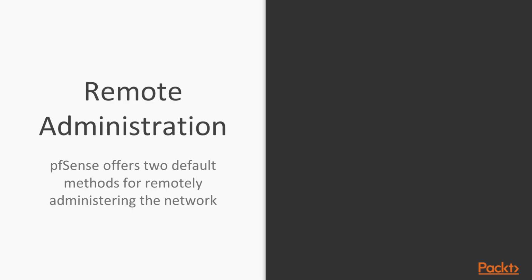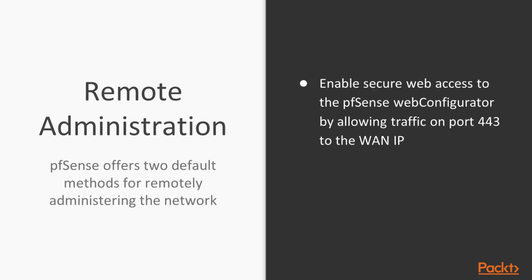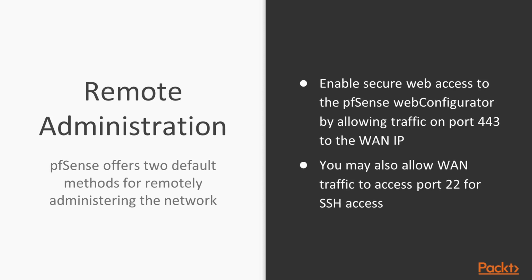If you are interested in remotely administering your pfSense installations, there are two primary methods for doing so. The first would be to enable secure access to the pfSense web configurator by allowing traffic on port 443 from the wide area network. The other option would be to allow traffic from the wide area network to access port 22 for secure shell access.